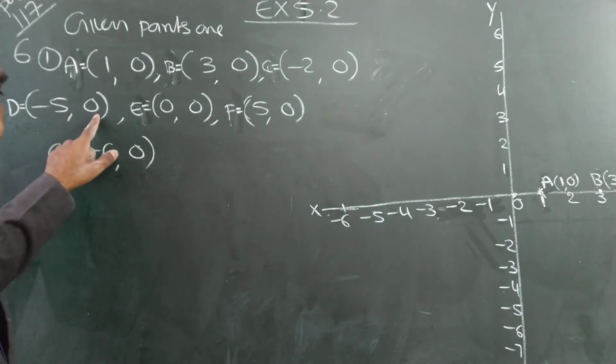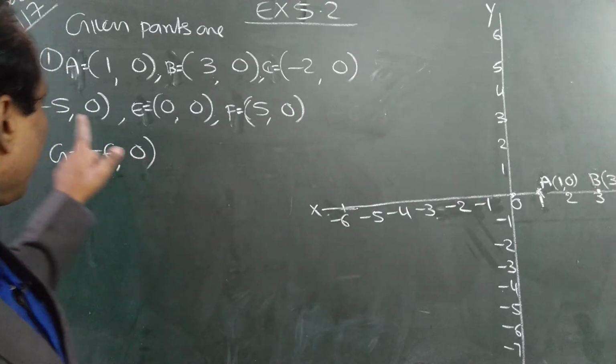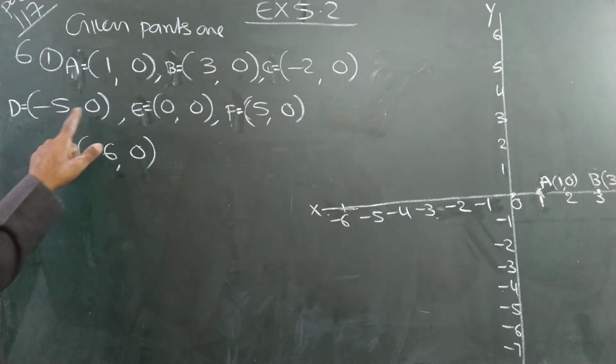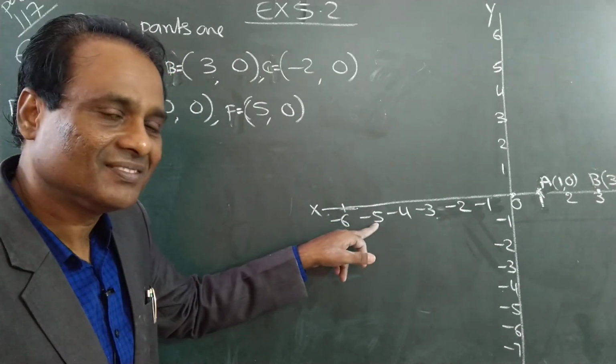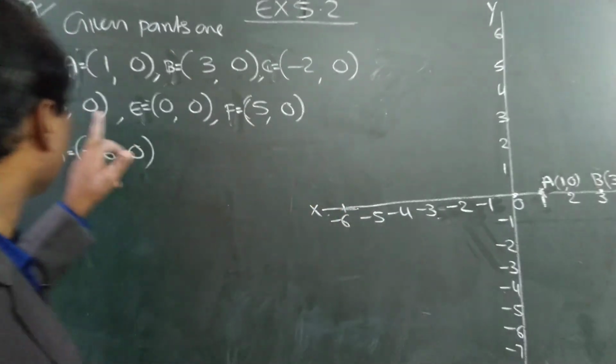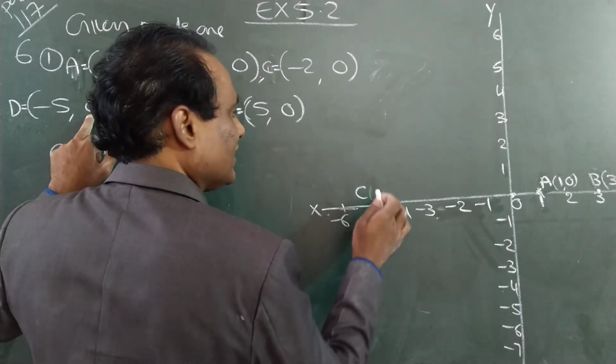Can you locate -5, 0? Where is it? X value -5, y value 0. See here.